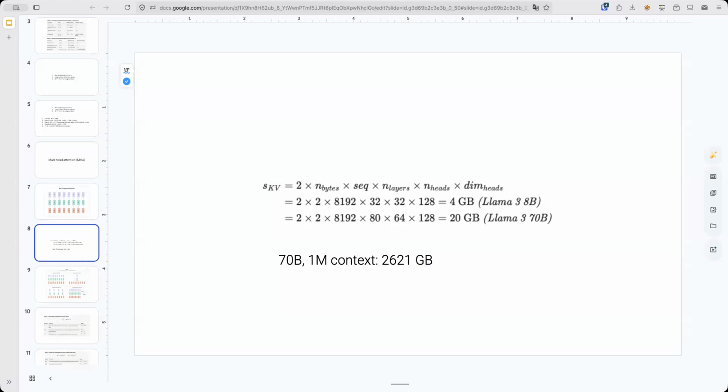For a 70 billion model, it was 2.5, 2.6 terabytes, which is a lot if we want to support 1 million context length for our paying customers. I'd say that it's probably unfeasible.